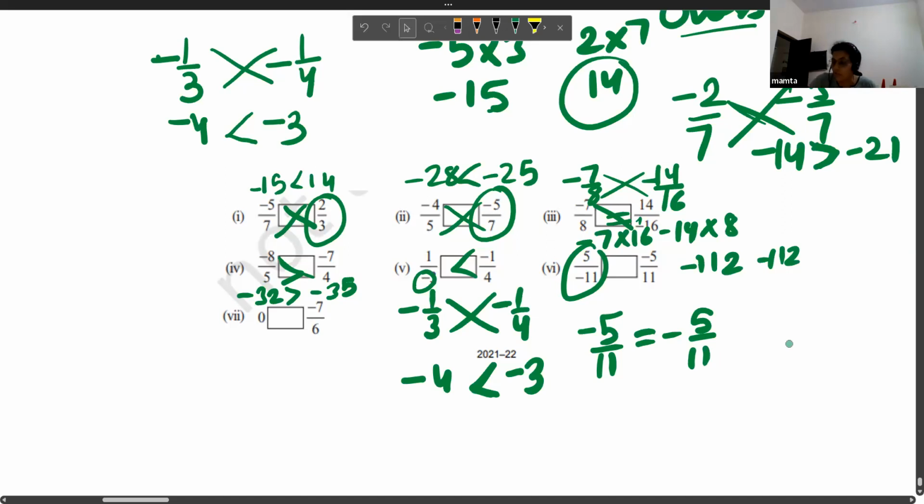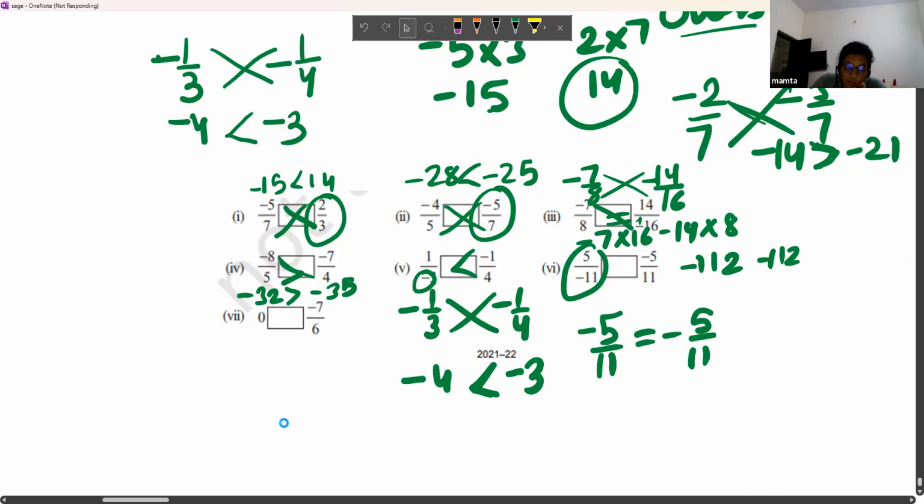Now we will see how to write the rational number between two rational numbers. Okay. So please note down the next heading, the rational number between two rational numbers.